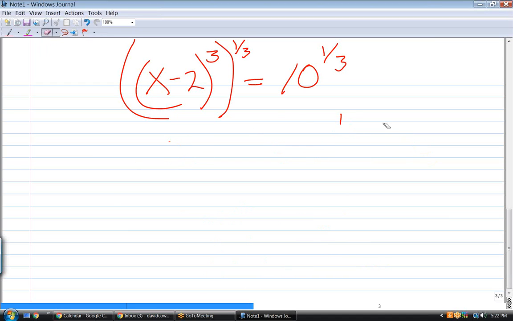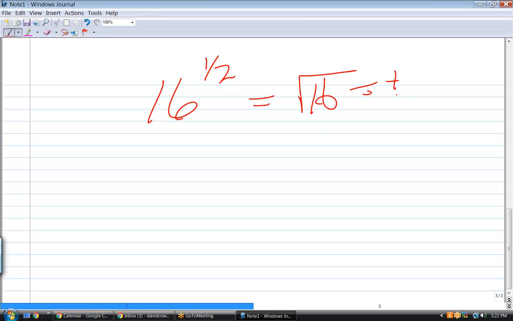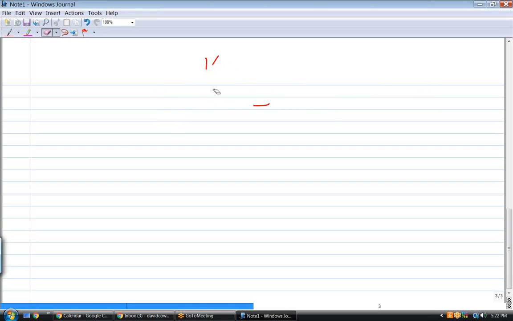In other words, if I have 16 to the 1/2, that's equal to the square root of 16, which is equal to plus or minus 4. But let me go back a second. I don't want to confuse you by writing it like that. Let me put this in the form of an equation.